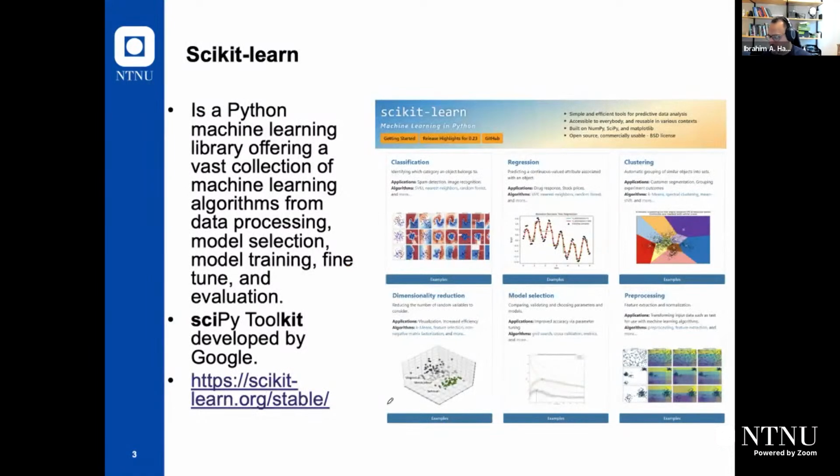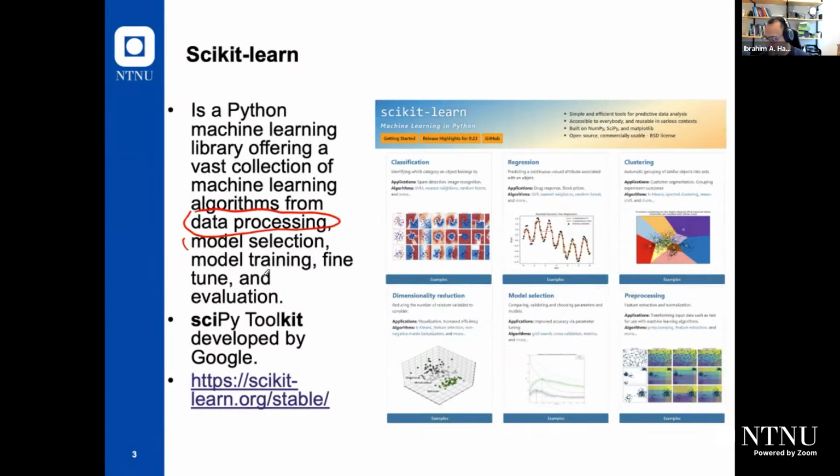Scikit-learn is a Python machine learning library, which offers a fast collection of machine learning algorithms. We can use it starting from data processing, when we are collecting raw data, and then for model selection, model training, fine-tuning your model, and model evaluation. So you can do the whole pipeline.